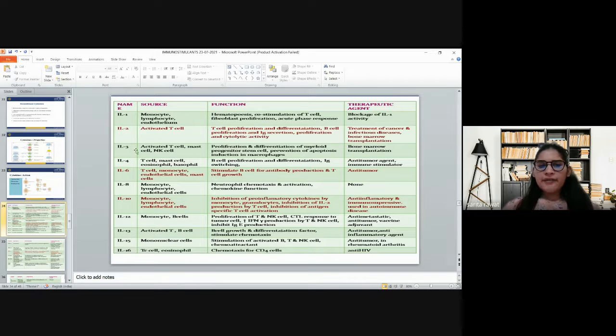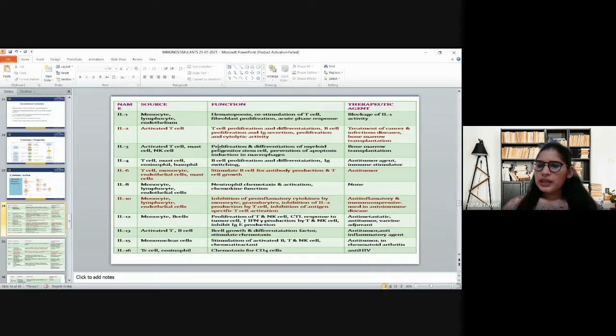Then next we have IL-3. The source is activated T cell, mast cell and NK cell. Its function includes proliferation and differentiation of myeloid progenitor stem cells, prevention of apoptosis, induction in the macrophage.